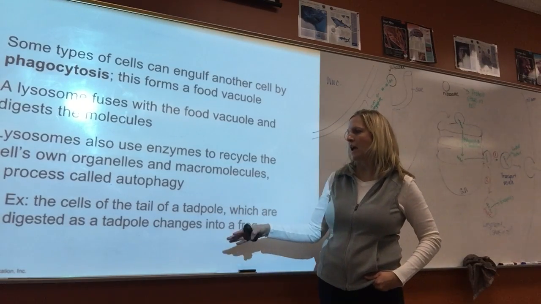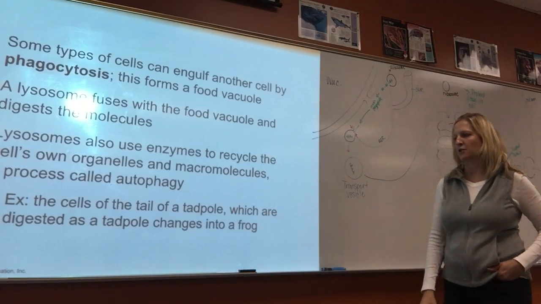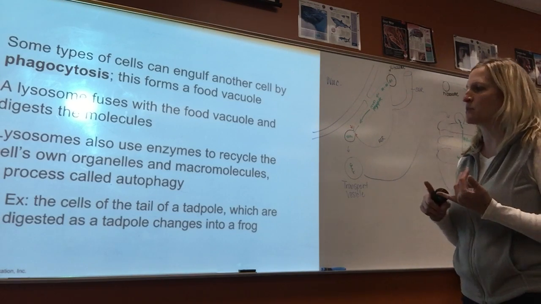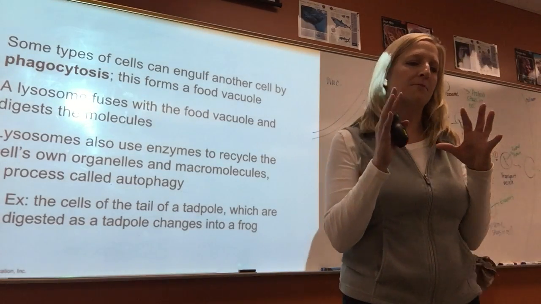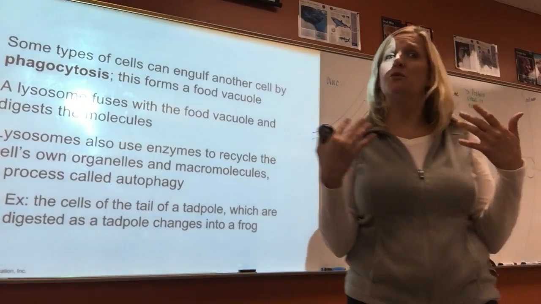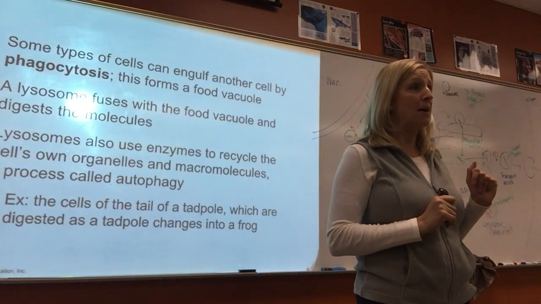The tail goes away. How does it do that? They are digested, but with the help of the lysosomes in that cell. And this one, is there an empty blank? Yeah. Okay, and so the empty blank is when lysosomes kind of destroy cells. That's called cell suicide, but the proper name is apoptosis.